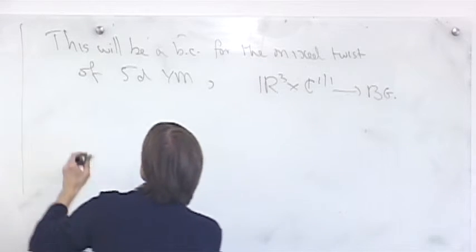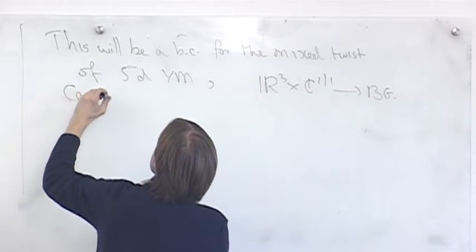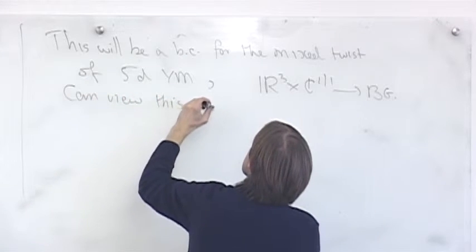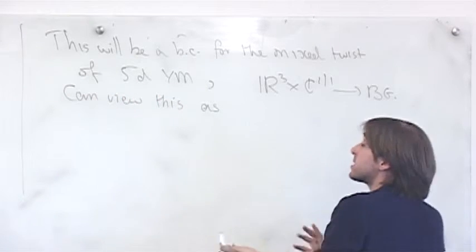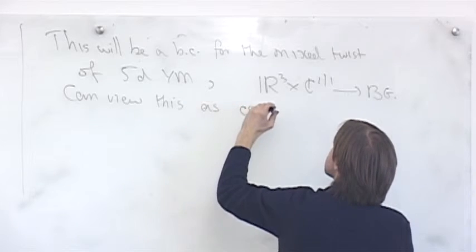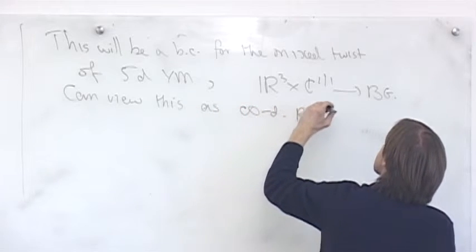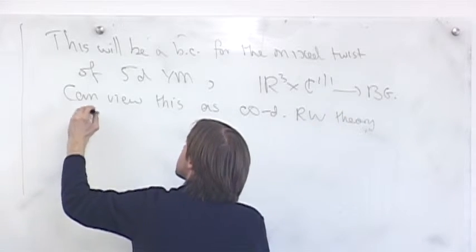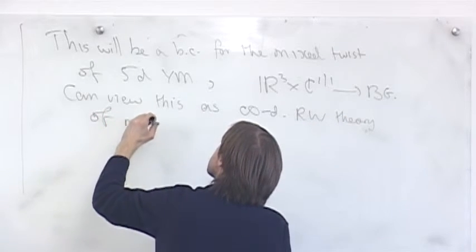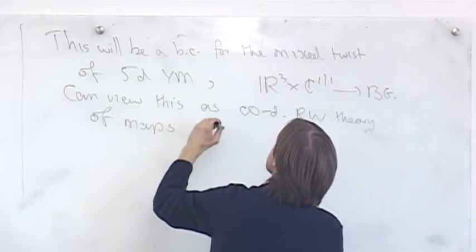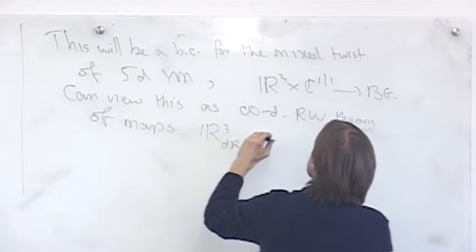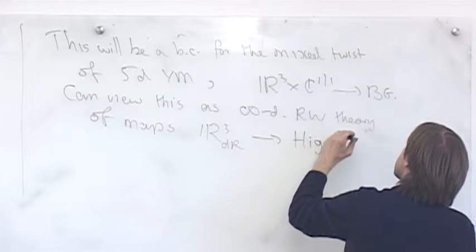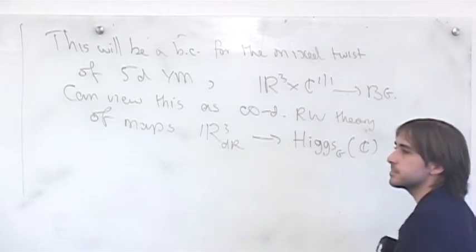So we can view this theory as some kind of infinite-dimensional Rosansky-Witten theory of maps from R3 to RAM to Higgs bundles G and C.